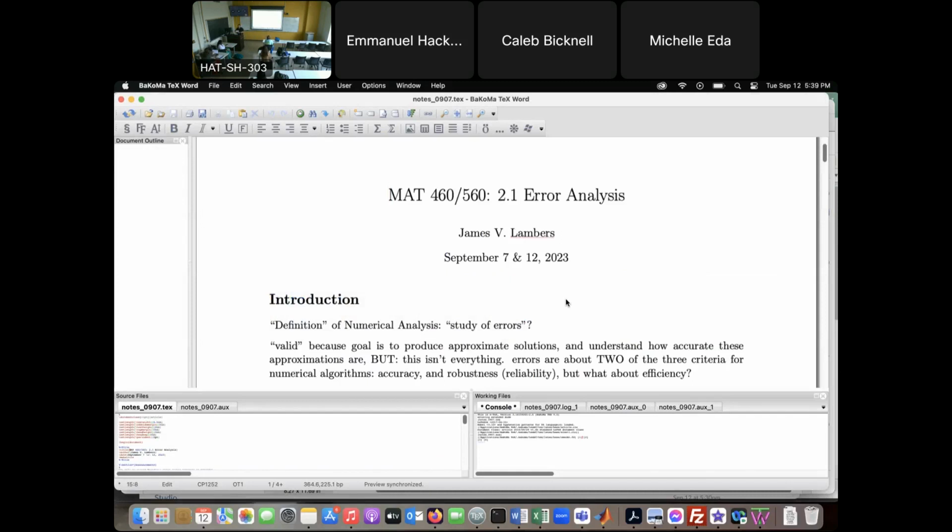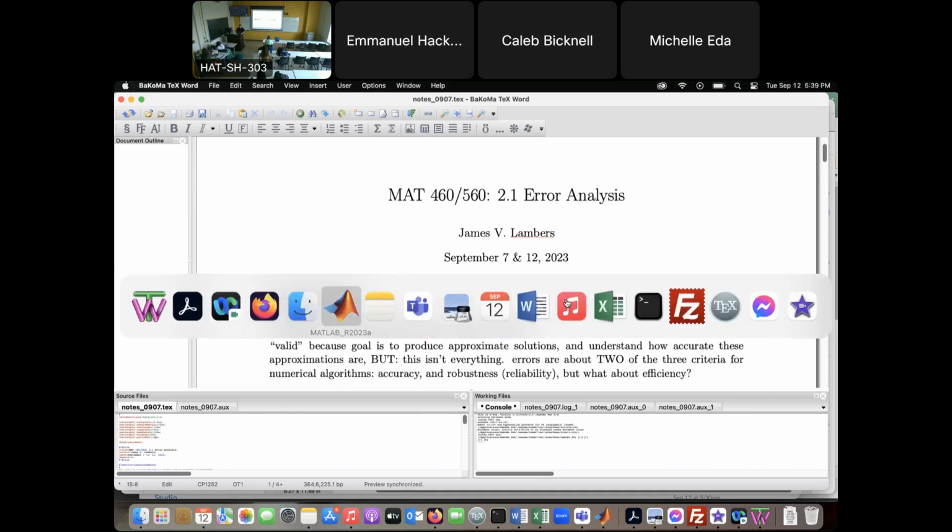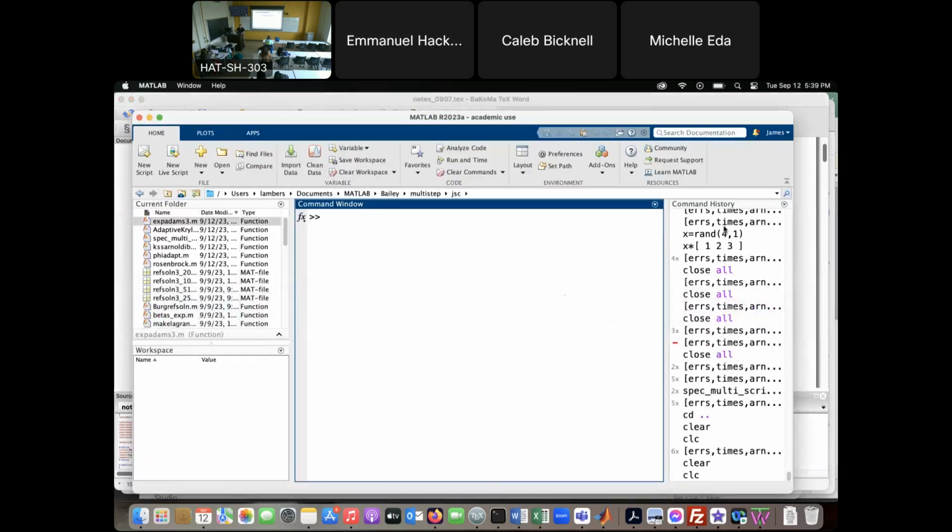But before I do that, as a follow-up to a topic from last time, I'm going to do a MATLAB demonstration. Diary for this. Today is 12.